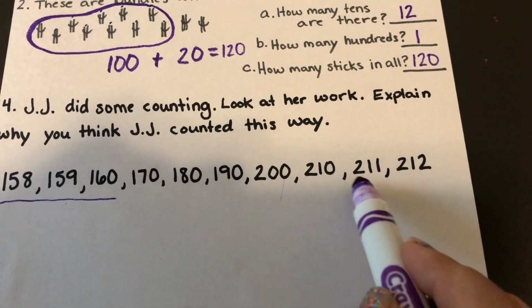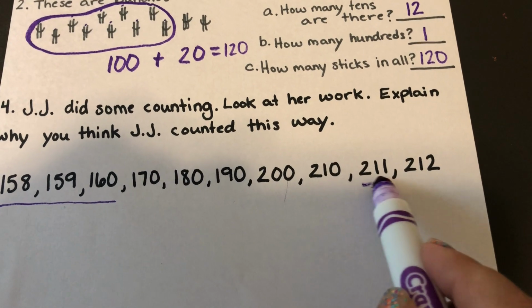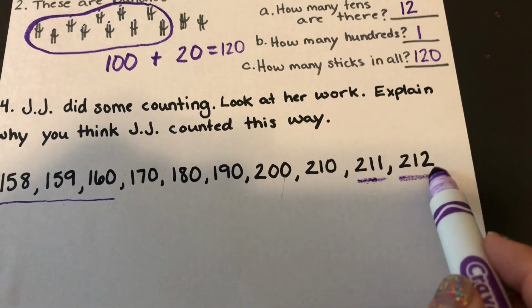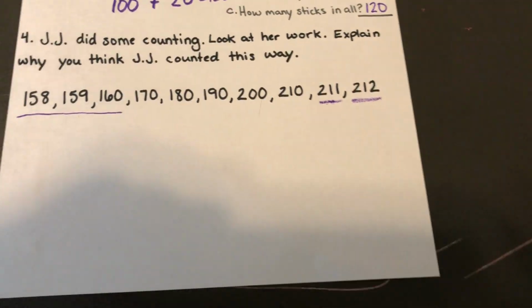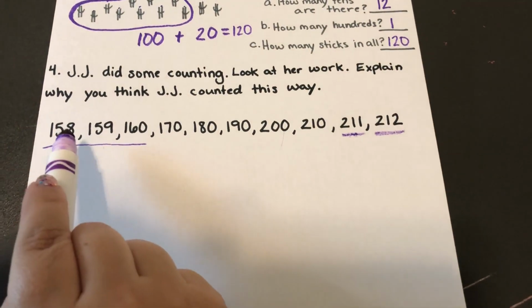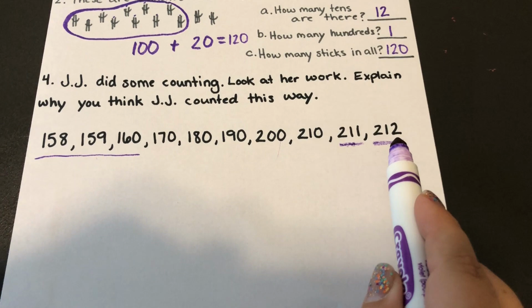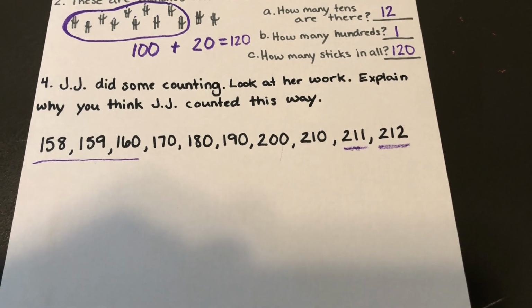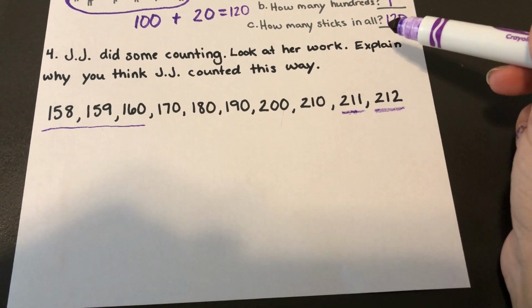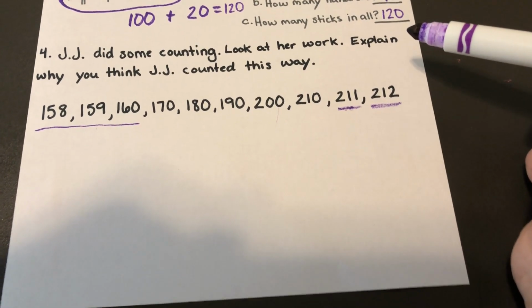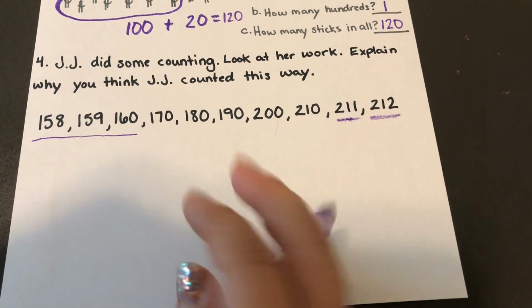So she started counting by ones again. 211 and 212. So her goal must have been to count starting at 158 and ending at 212 in the quickest way possible.